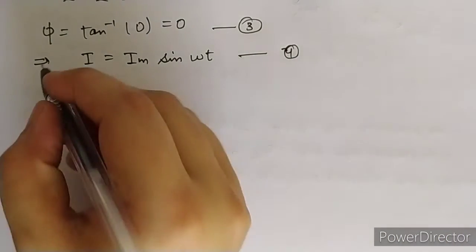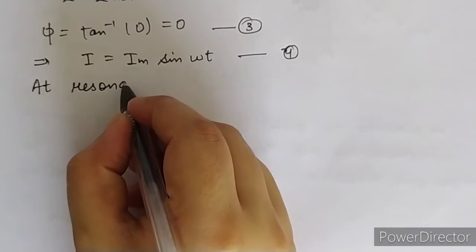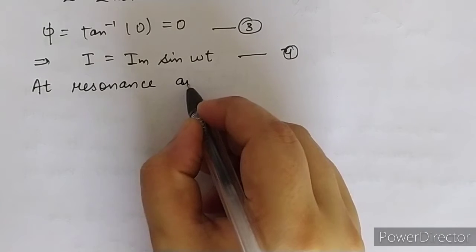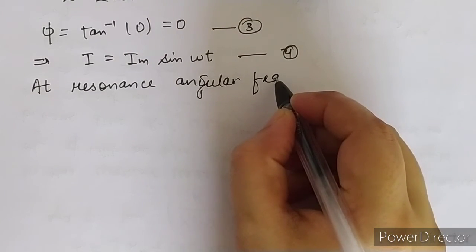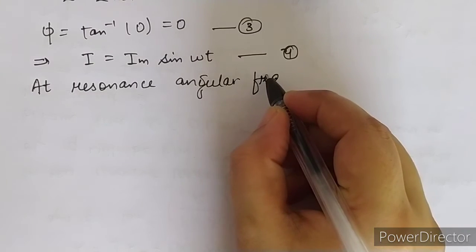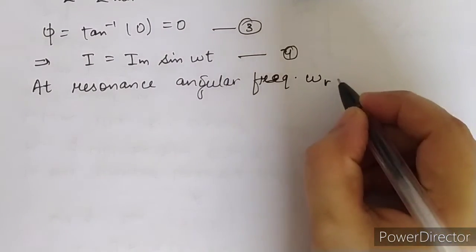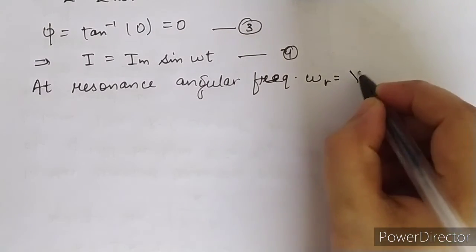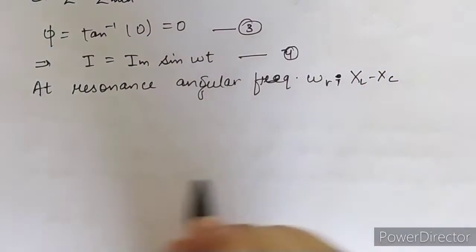Now at resonance, the angular frequency omega r, we get XL minus XC.